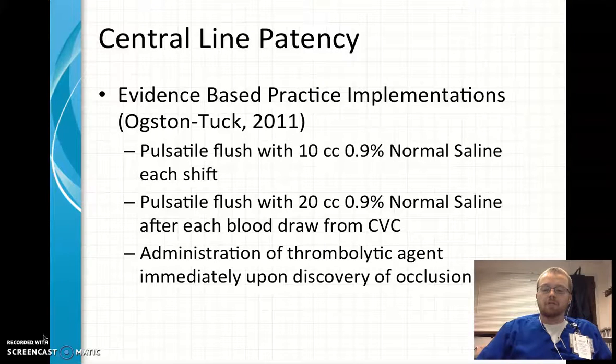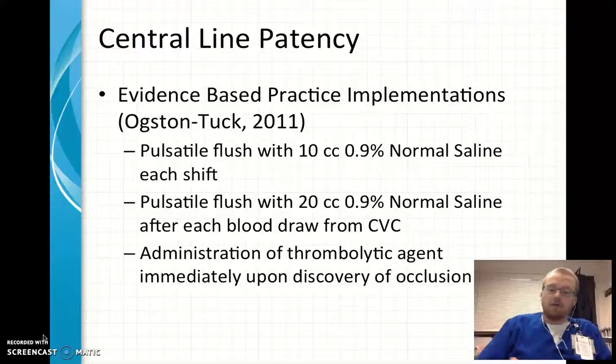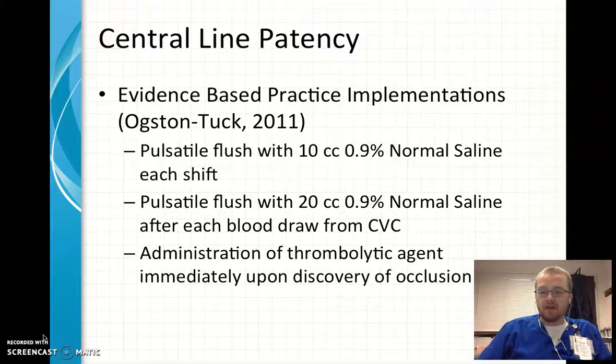And if we notice that there is an occlusion that has occurred, the nurses are empowered to use a thrombolytic agent such as TPA to break up that occlusion.